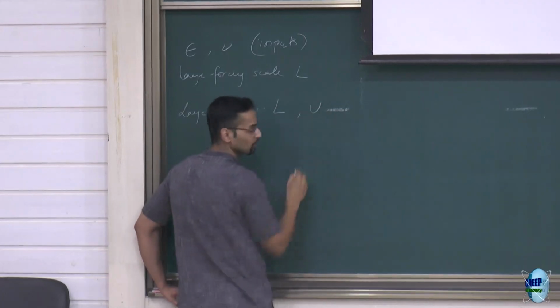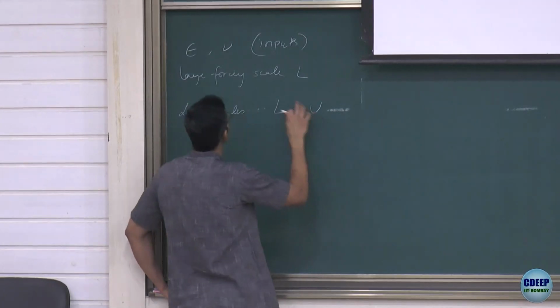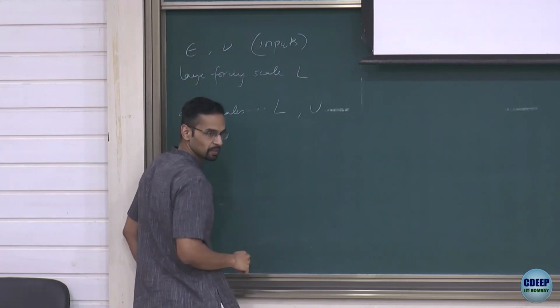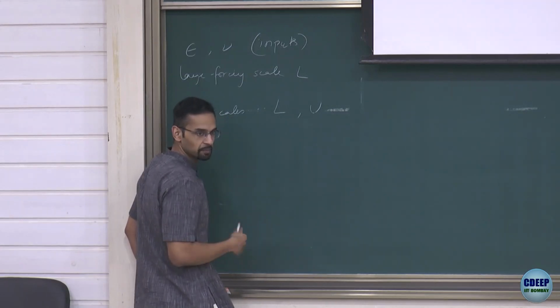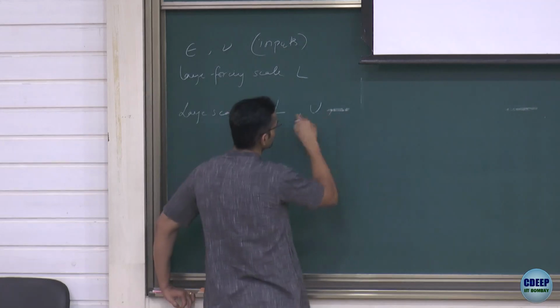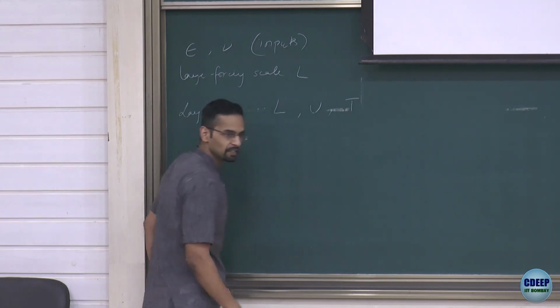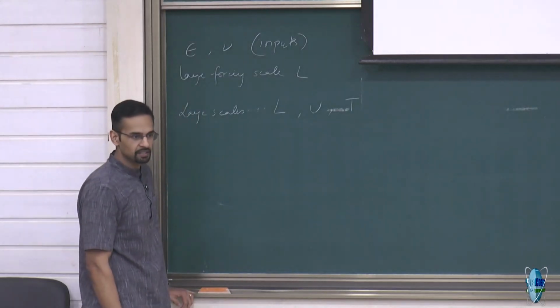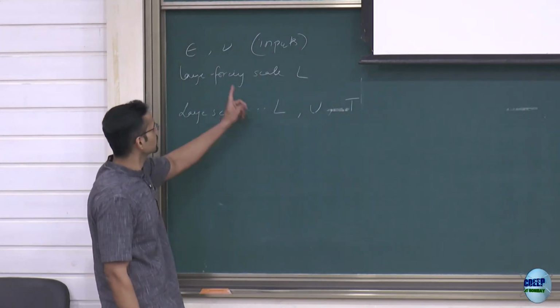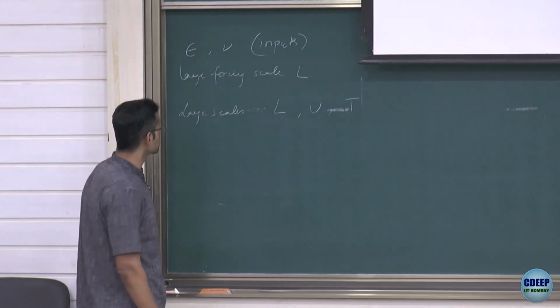Its corresponding velocity is capital U, which can be obtained from epsilon, because U cubed by L must be equal to epsilon. And correspondingly from L by U, you will get the time scale capital T. So I'm just defining these as the large scales. You have to fix one of them, then you will get the other from epsilon.